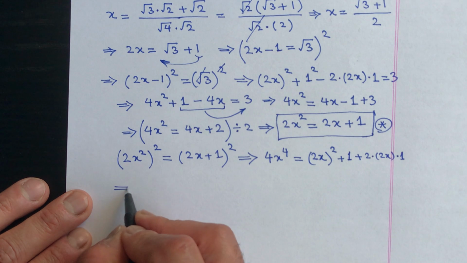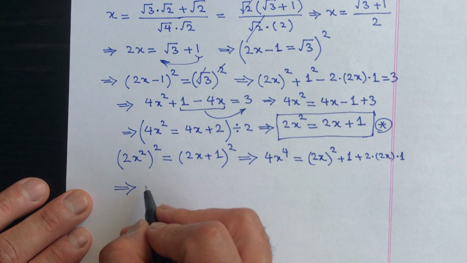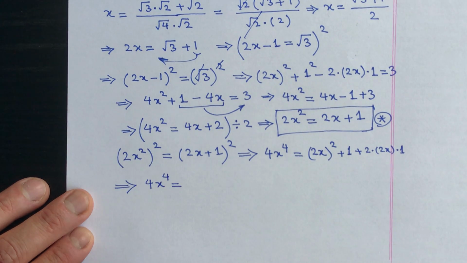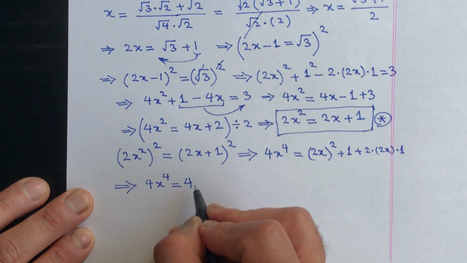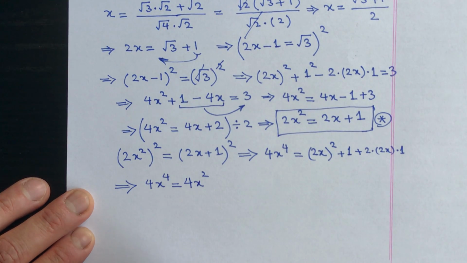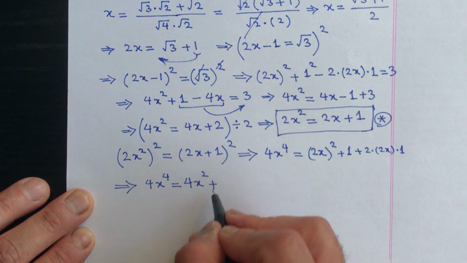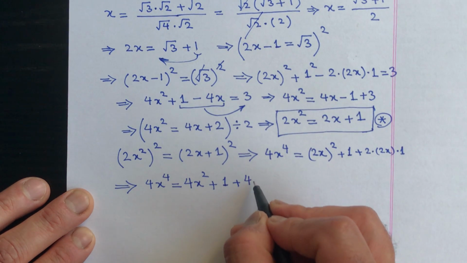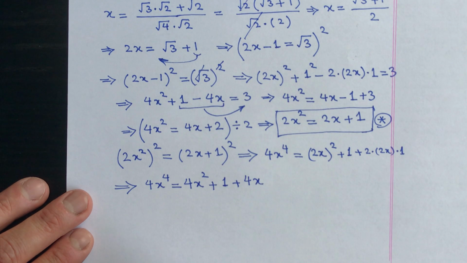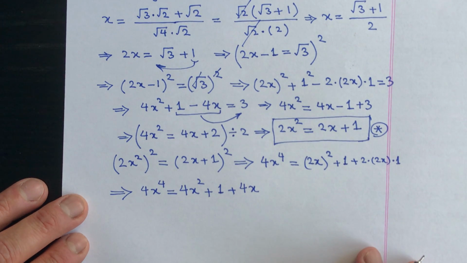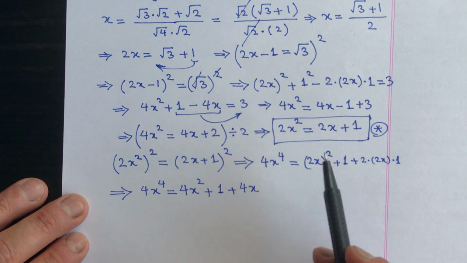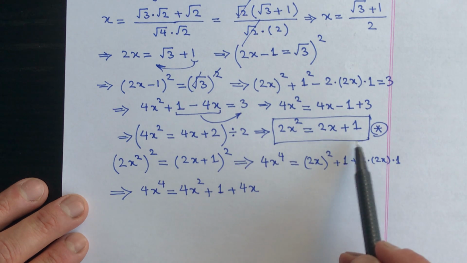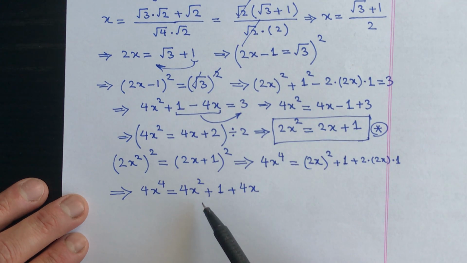Now it's simplified: 4x to the power of 4 equals 4x to the power of 2 plus 1 plus 4 times x. If you remember, I can come back to the relation I found before and use it in this expression.